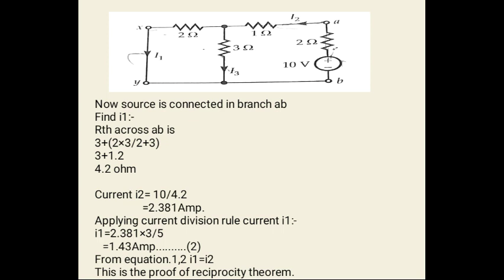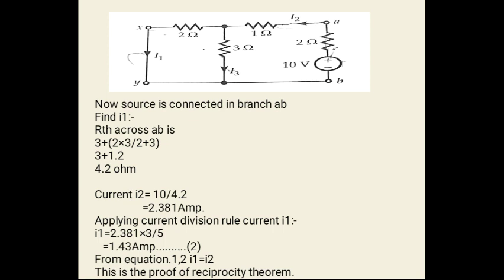In the second case, we place the voltage source in the AB branch, which was selected to prove reciprocity, and we want to find the value of current I1 in the XY branch. Similarly, we find RTH across terminal AB, or the source terminal.